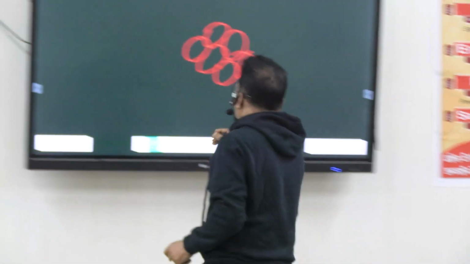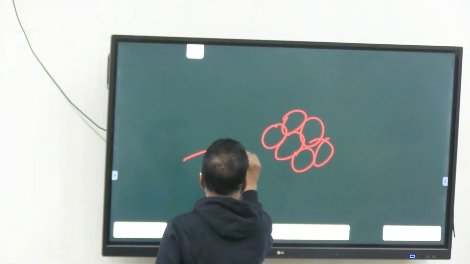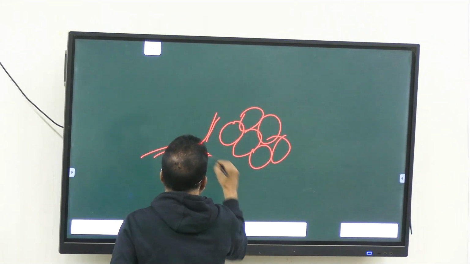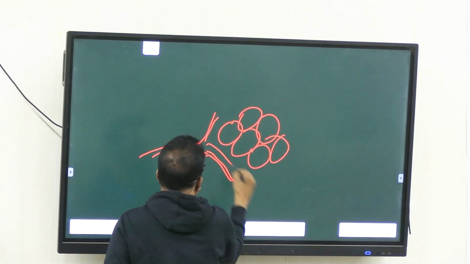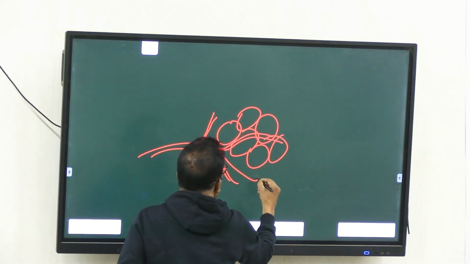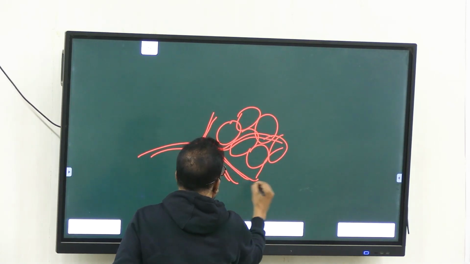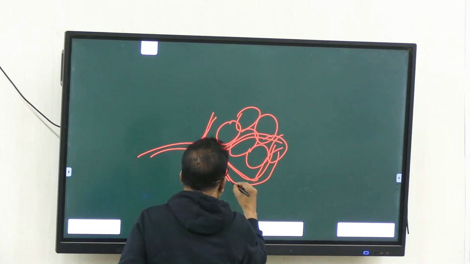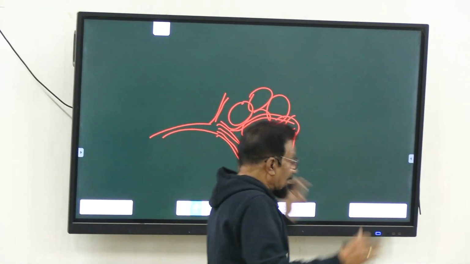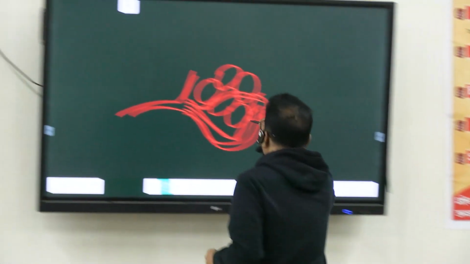So one branch of artery will come here and it will form capillaries. These capillaries are the arterial end of the capillaries.